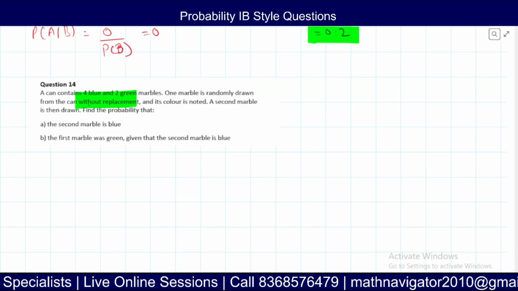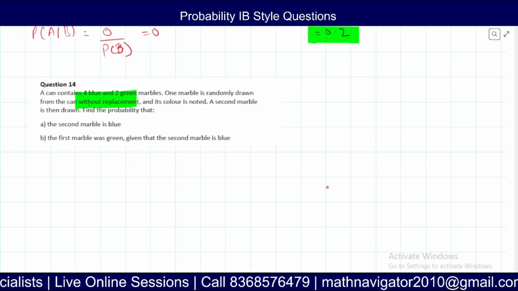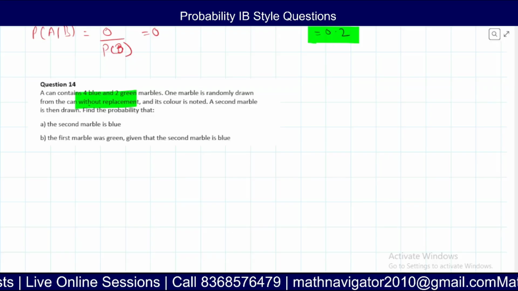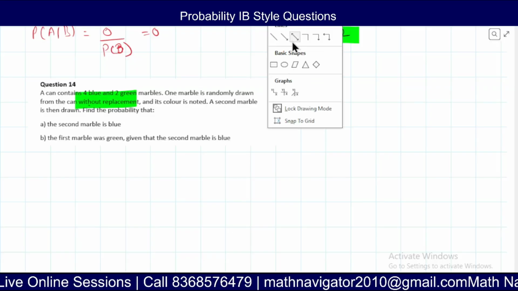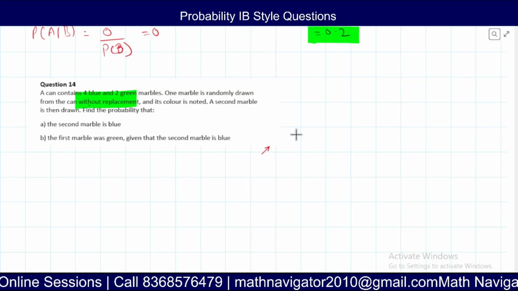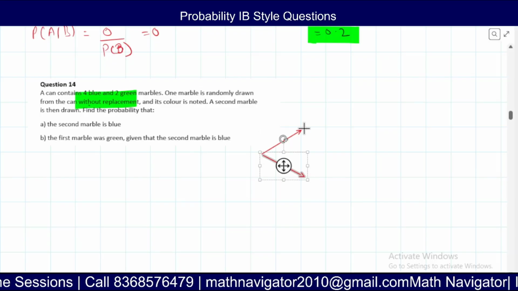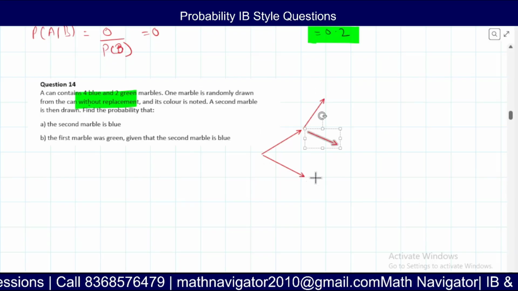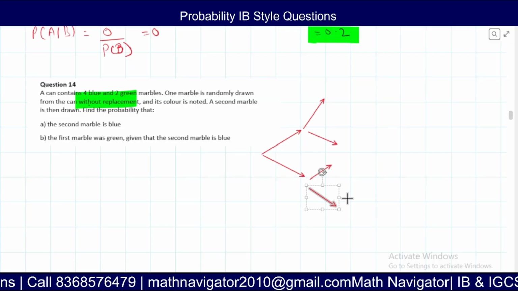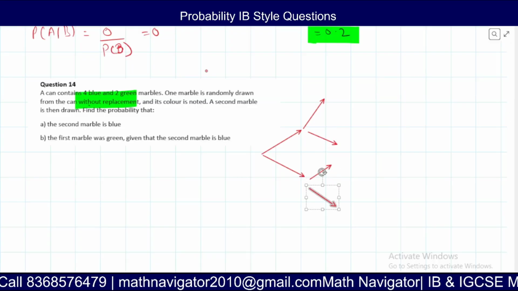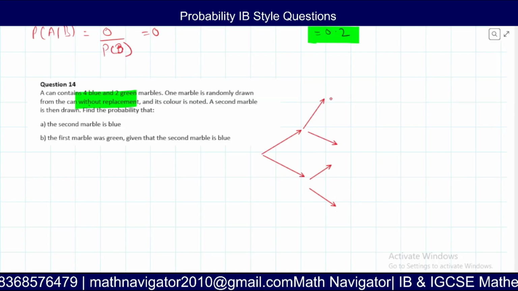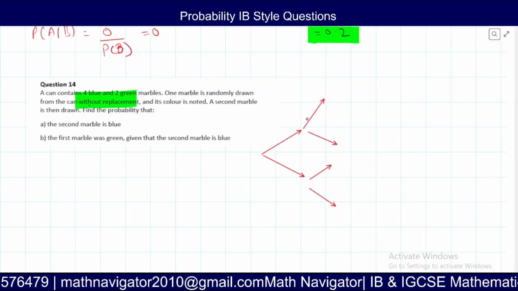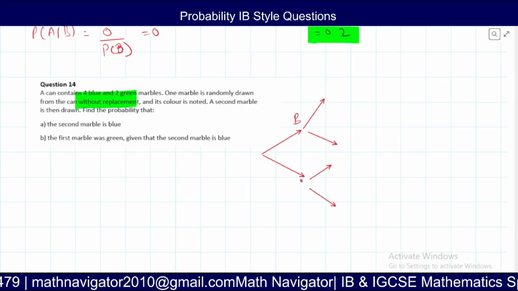So let's do it. We need to make a tree diagram for this. Now, if I take out the first ball, it can be blue or it can be green.